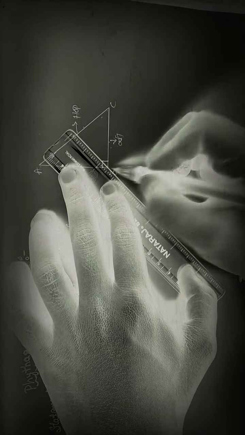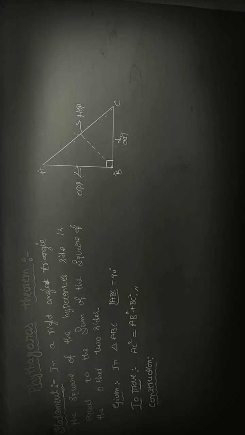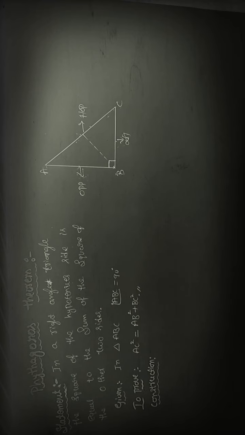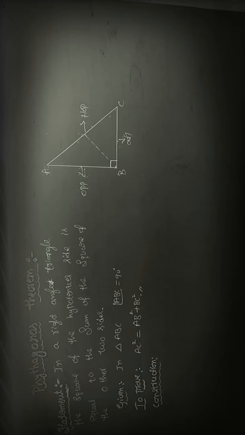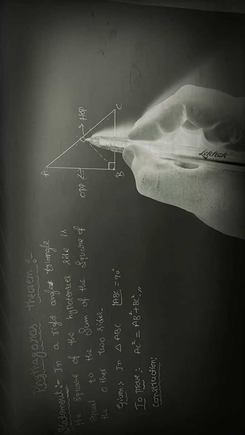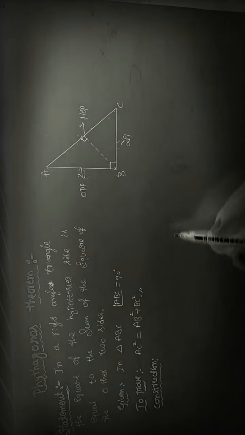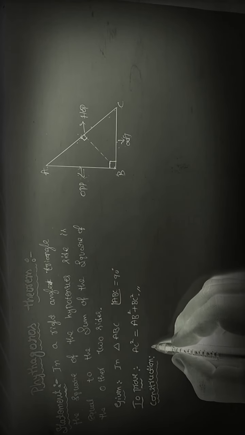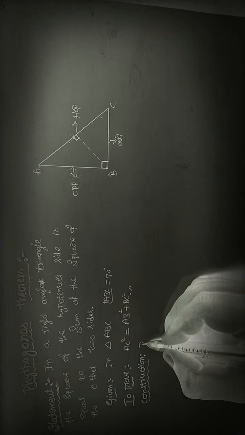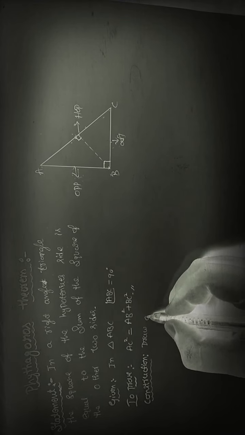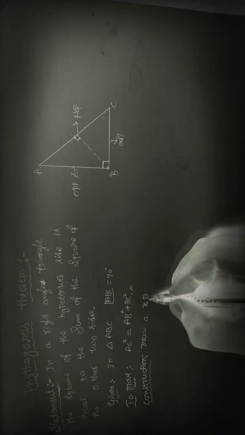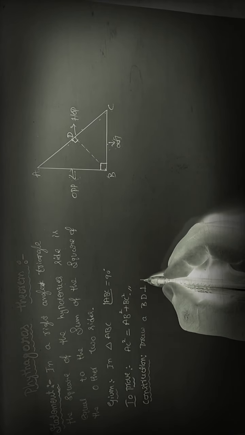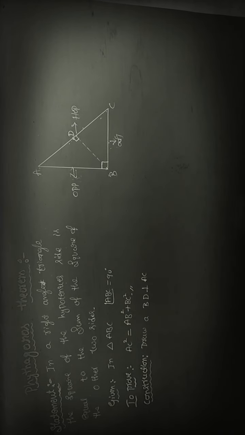You can draw it anywhere, but it should be perpendicular to AC. So the construction is: draw BD, where D is the point on AC, perpendicular to AC.